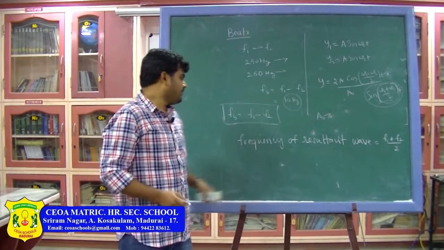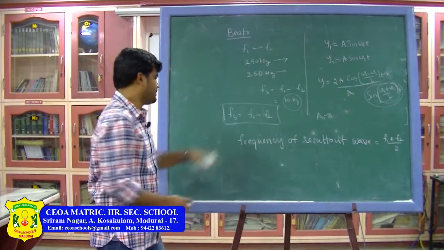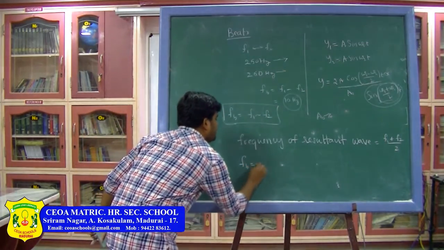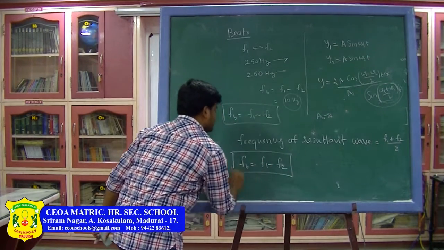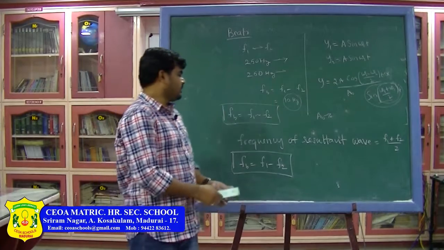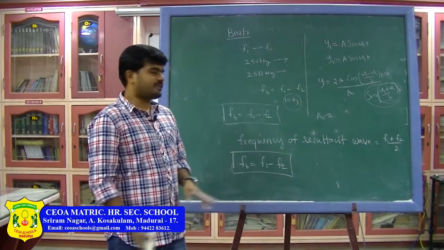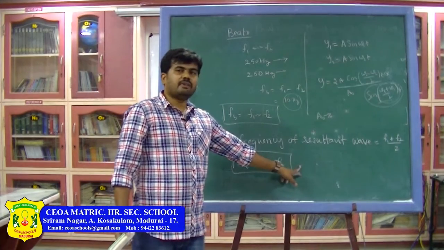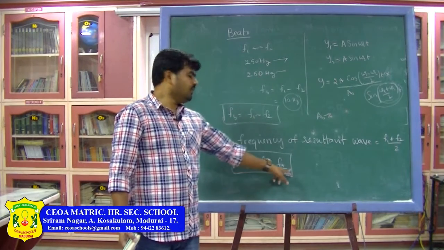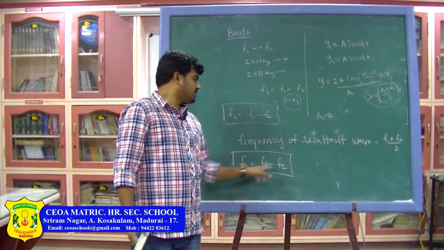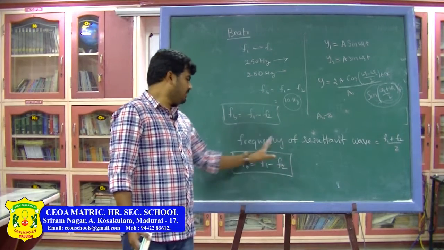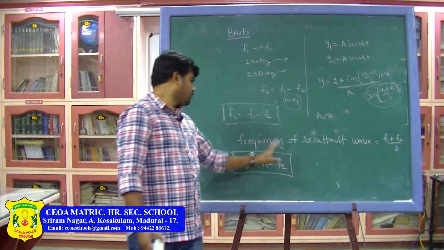So, that is the frequency of beats: FB will be equal to F1 minus F2, or F1 difference F2. The number of beats per second is called beat frequency, given by F1 minus F2 or F2 minus F1, depending on which is the larger frequency. You can take F1 minus F2 or F2 minus F1.